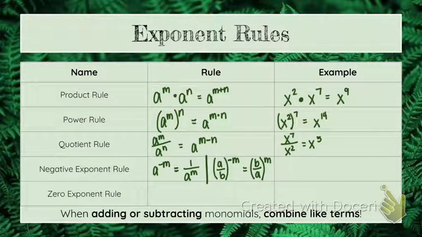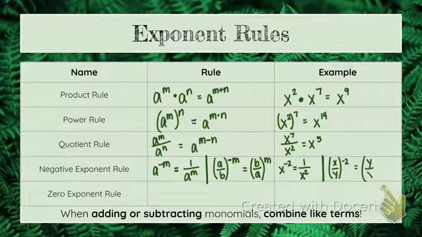So if you have a fraction that's to a negative exponent, you flip that fraction. And I think that's important to remember as well. So if we had x to the negative second power, that equals 1 over x squared. And then if we had x over y to the negative second power, that equals y over x squared.